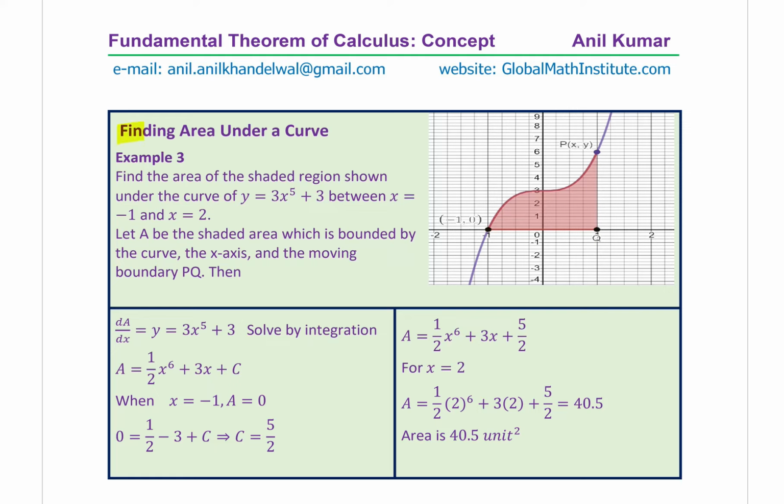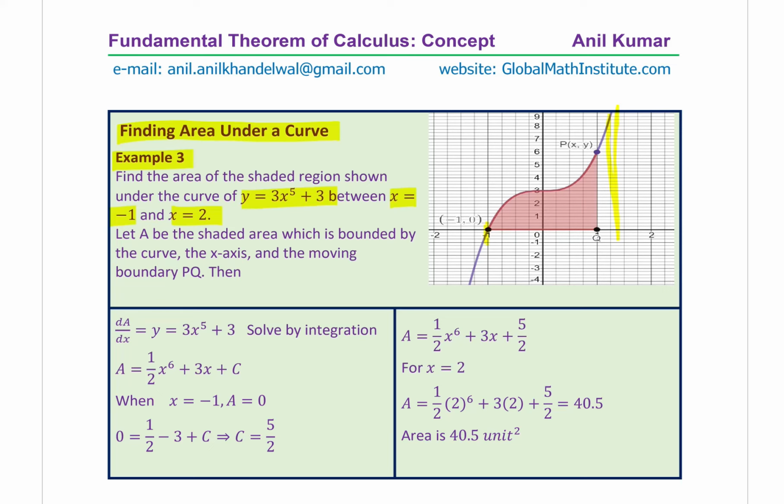Our example 3 is finding the area under the curve. Find the area of the shaded region shown under the curve y equals 3x to the power of 5 plus 3, between x equals minus 1 and x equals 2. So that is our value of minus 1, and 2 is somewhere here, correct?